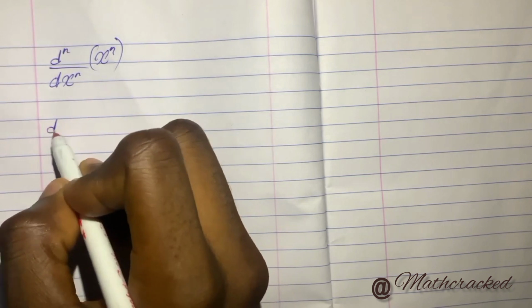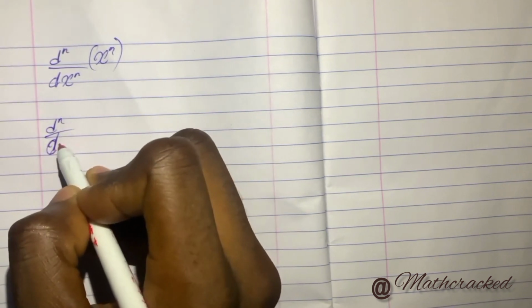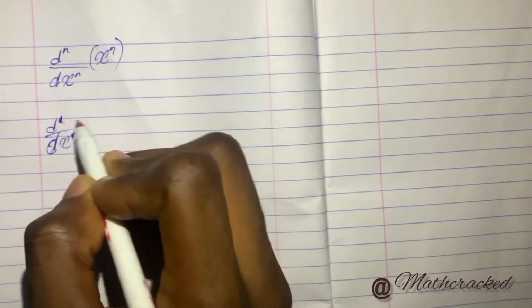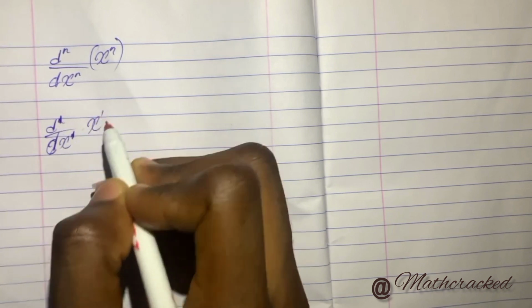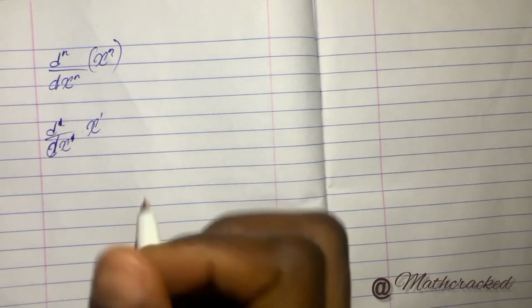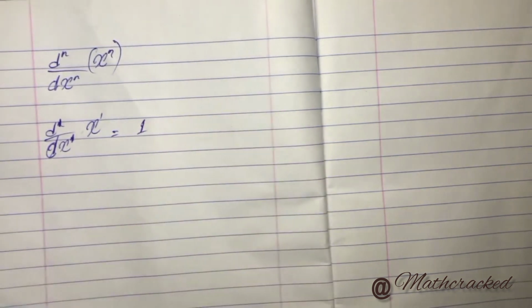And we could use those ones to solve this one by saying, if n should be 1, differentiating x, 1 time, we would have 1 as the answer to this question.